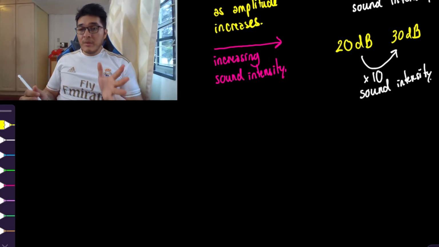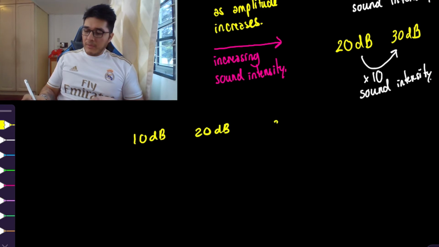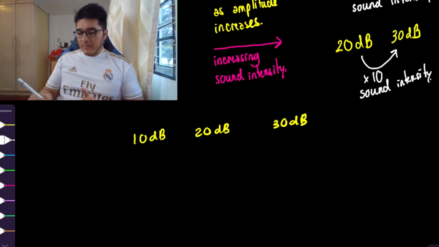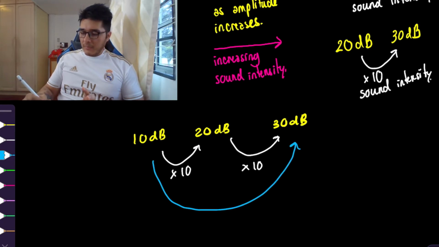Okay, so now let's really put all of this together. Let's start from 10 to 20 to 30. From 10 to 20 is times 10, and from 20 to 30 is times 10. So what is the difference between 10 and 30?